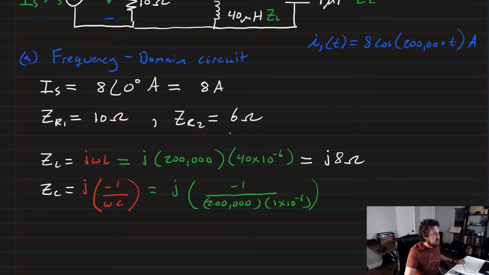And if you punch that in your calculator, you're going to get that it's equal to minus J times 5 ohms. So there we go.